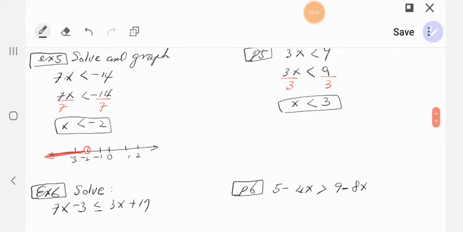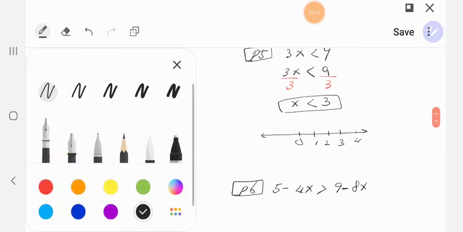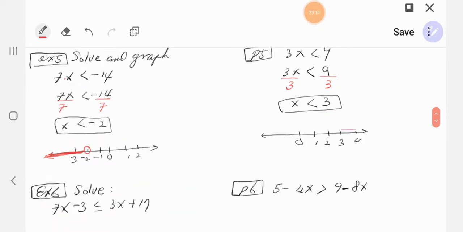That's the solution. When we graph it, here is 0, 1, 2, 3, 4. Since x is less than 3, 3 is not included. There's no equal sign, so open circle or parenthesis, and highlight all the way to the left of 3.